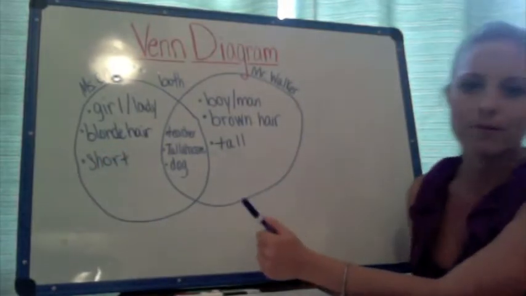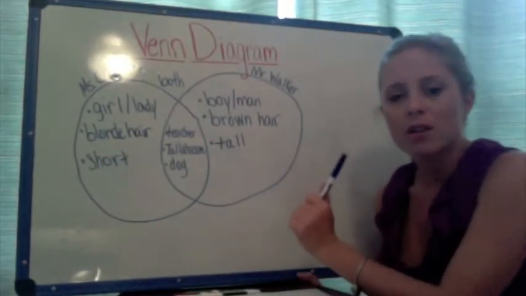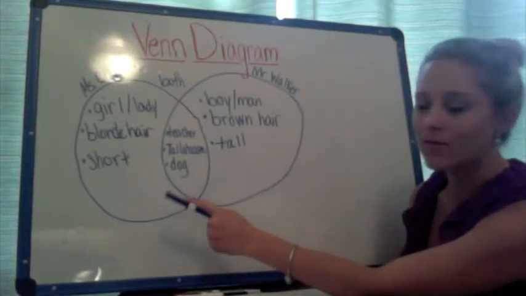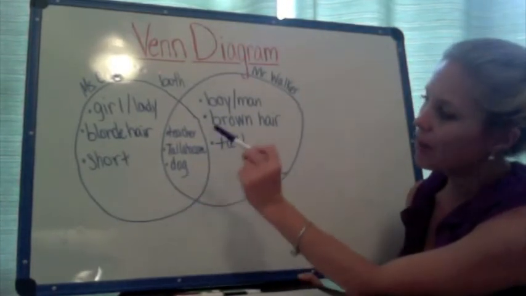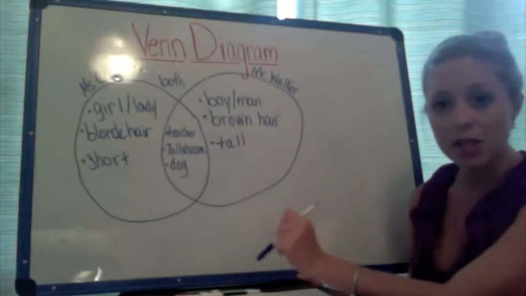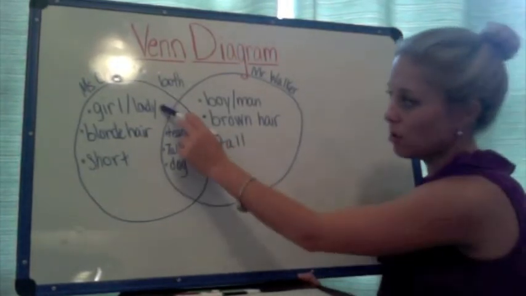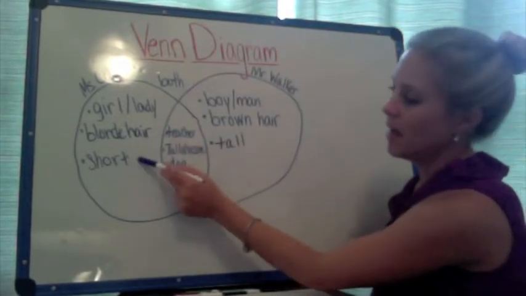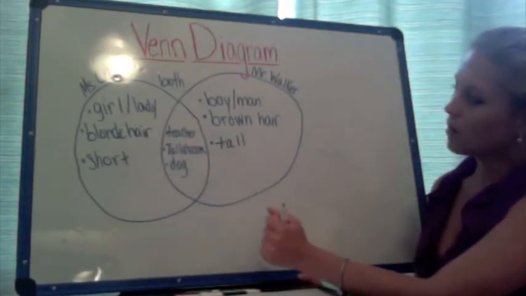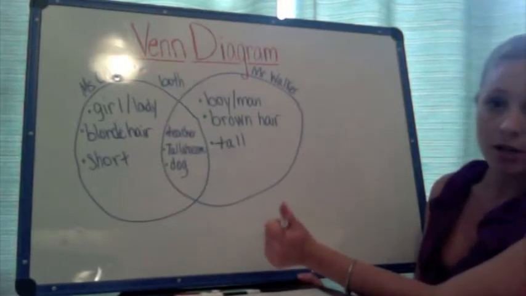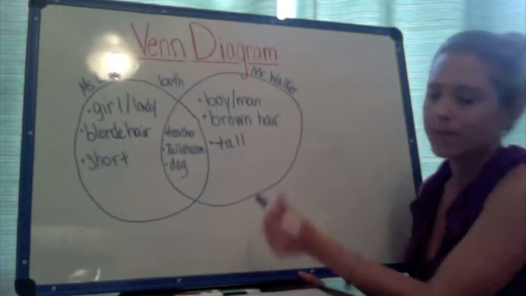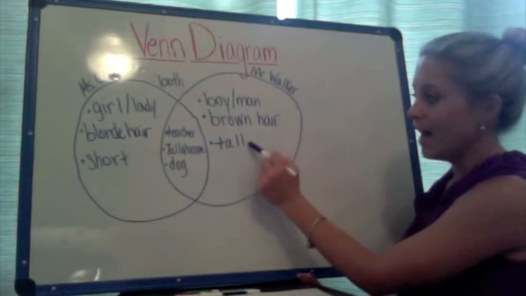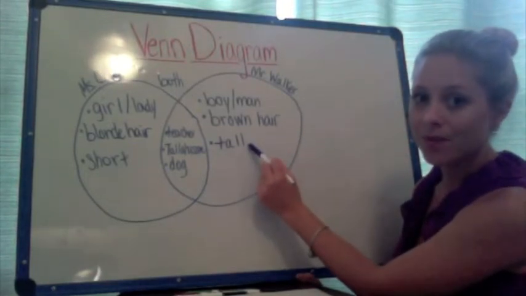Now let's review the 2 circles that are different and what we have in common. I have 3 things over here to describe just me. I'm a girl or a lady. I have blonde hair, and I'm short. Well, Mr. Walker, he's a man or a boy. So that's one thing. He has brown hair, and he's tall.